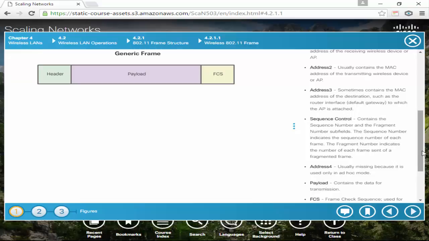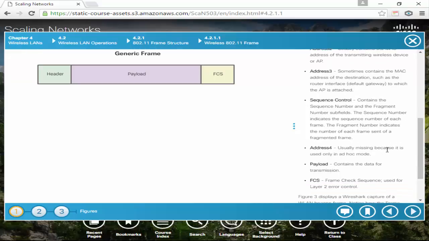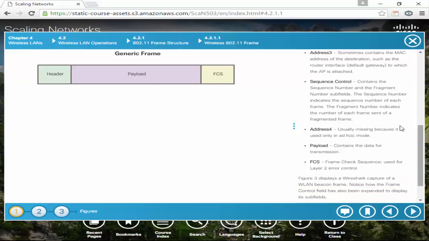The sequence number indicates the sequence number of each frame. Fragment number indicates the number of each frame sent of a fragmented frame. Address 4, usually missing because it's only used in ad hoc mode. And who does that? Payload contains the data just as always, and then of course we have an FCS to make sure we received the frames correctly. Okay.